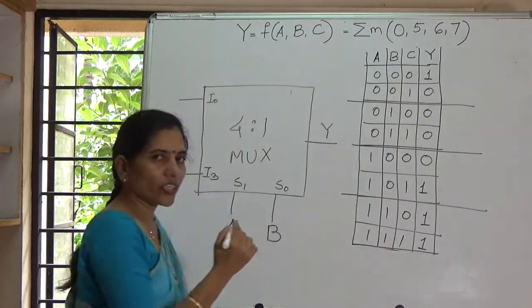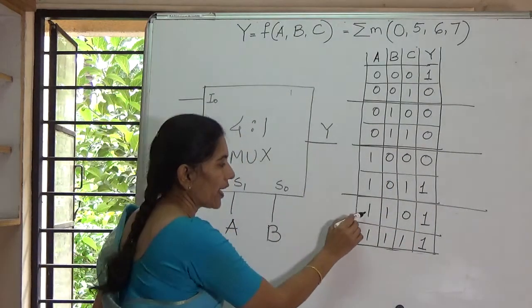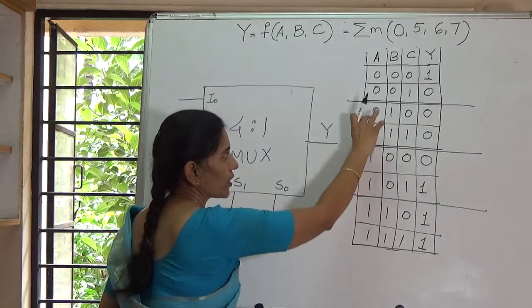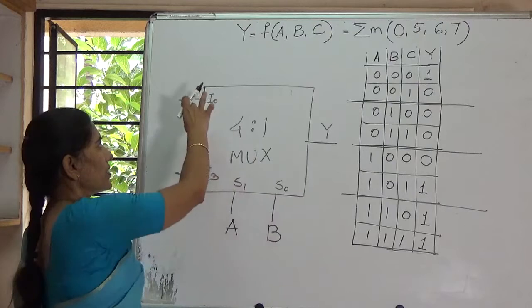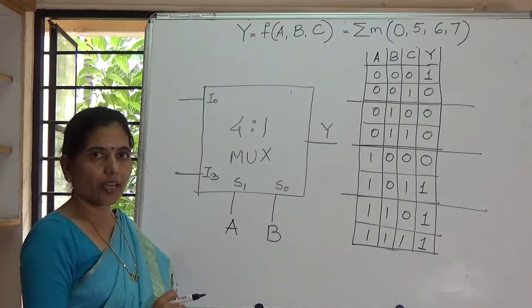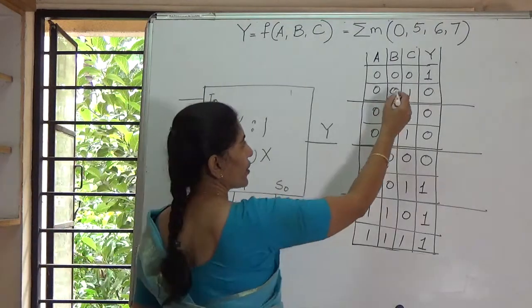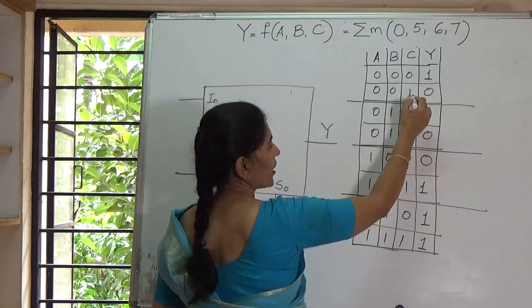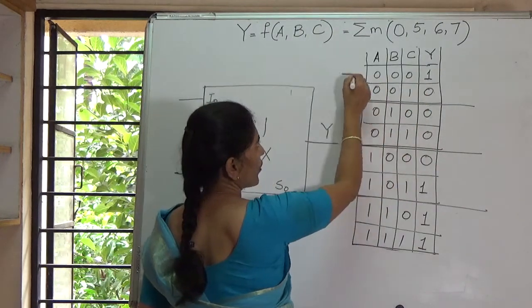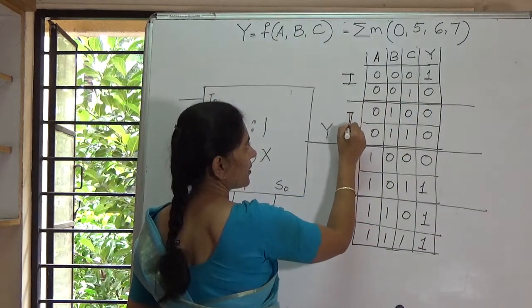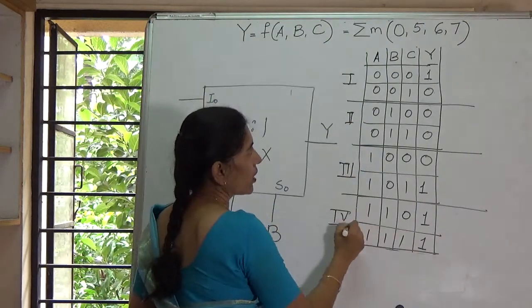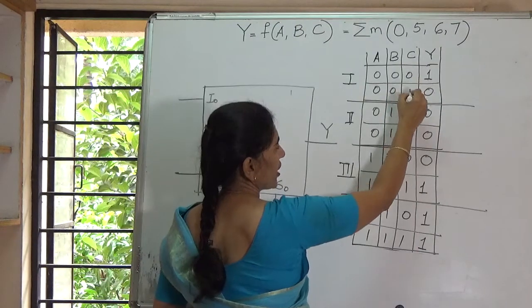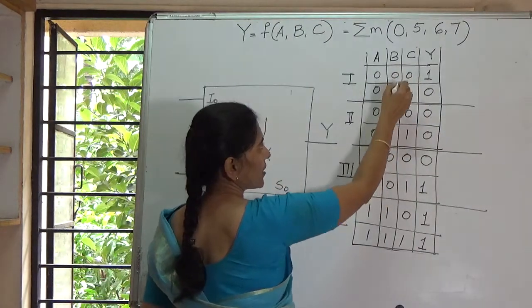This is essentially indicating that if A and B are constant in each of these groups, they would be selecting only one input line. However, you will find that C is changing in this, the first group, this is the second, this is the third and this is the fourth. So in the first group C is changing but A and B are constant at 0, 0.